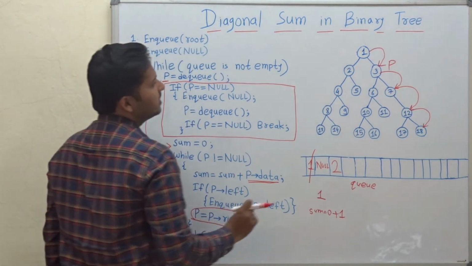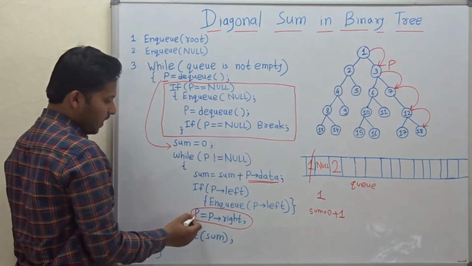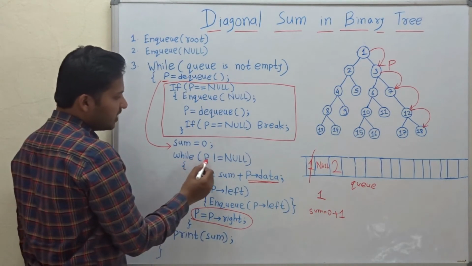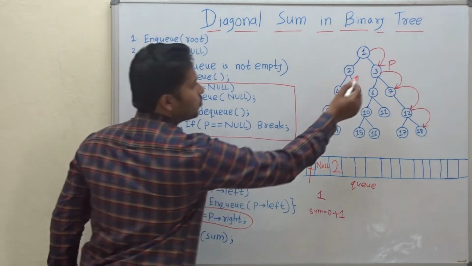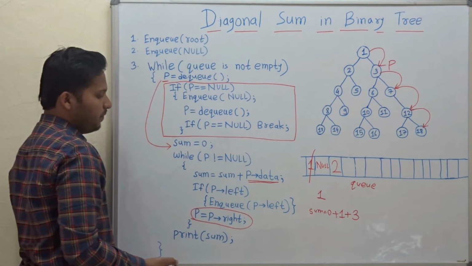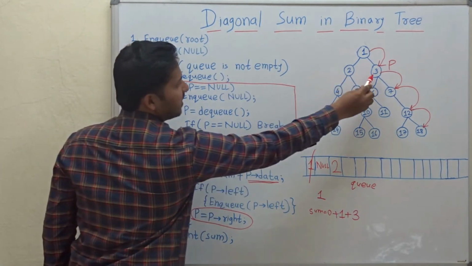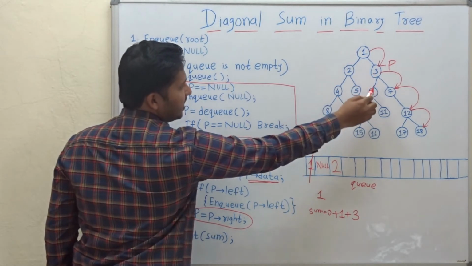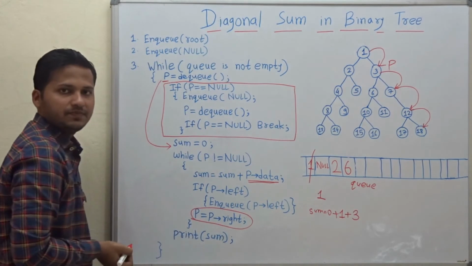Let's execute it. So our P is pointing to 3 now. So we come here, P is not equal to null, so sum is equal to sum plus data. So we have to add 3 to the sum, and if P points left, then enqueue. So does it have a left child? 3 has a left child? Yes, it is 6. So enqueue that left child.